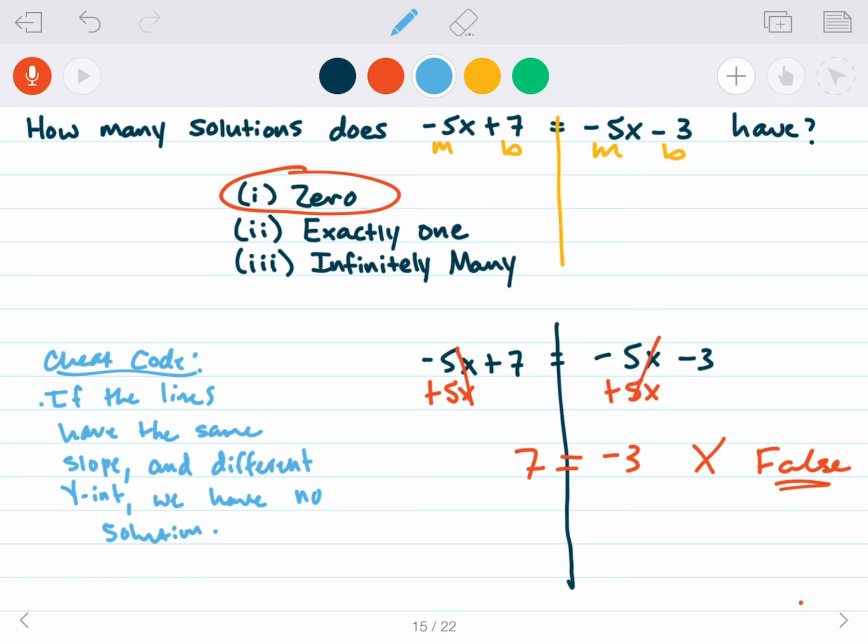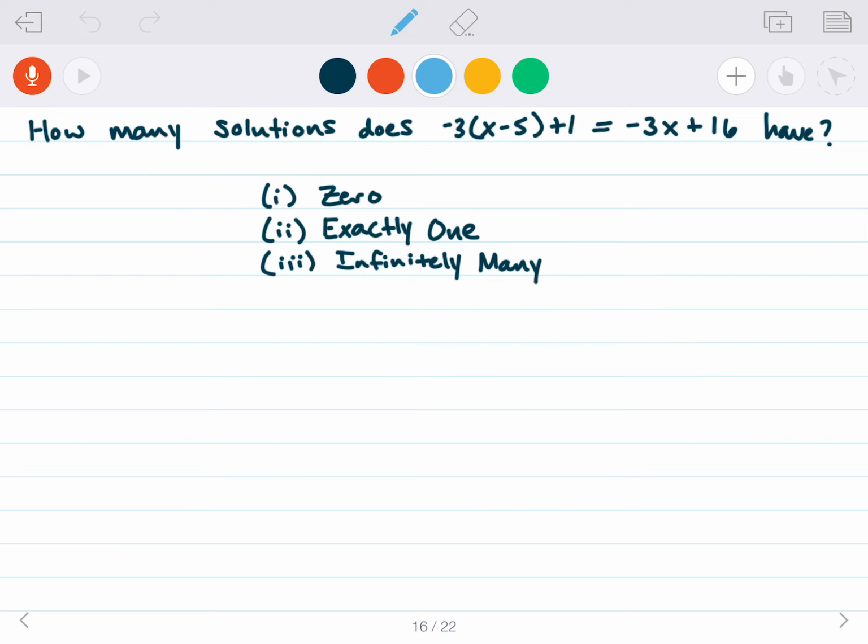So that's our cheat code here. We can see that both lines have negative 5 for m, and the y-intercepts are different. So no solution there. Let's do another example here.